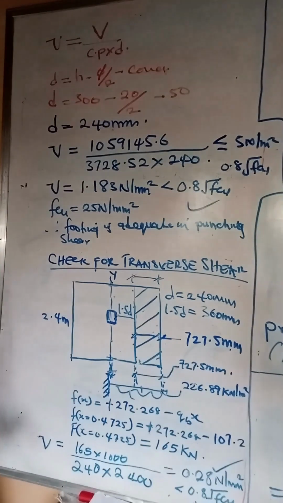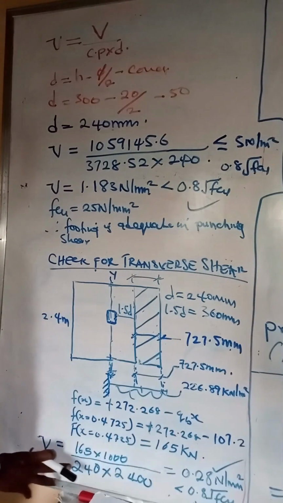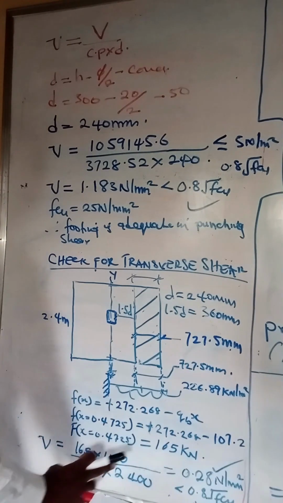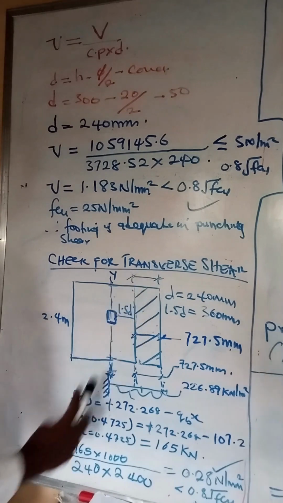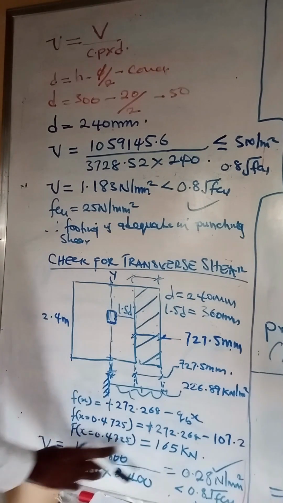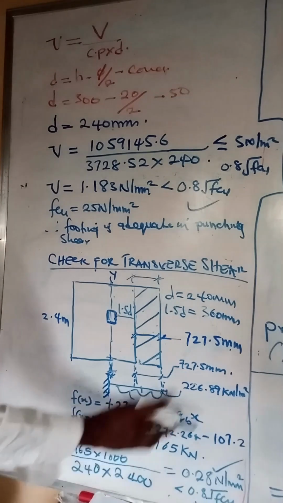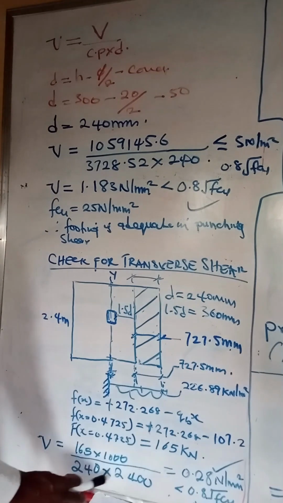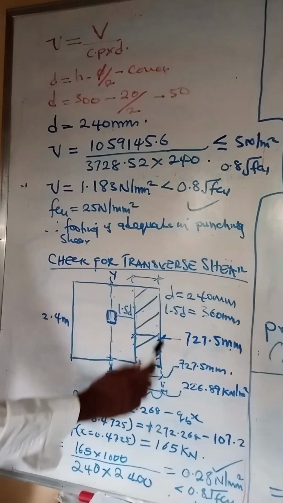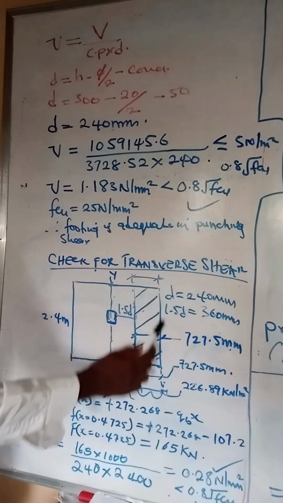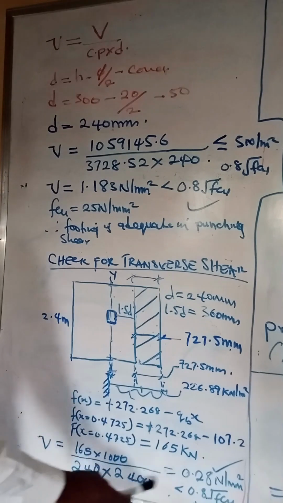So for that shear, we're going to find the shear stress. The equivalent shear stress is 165 times 1000, since we're expressing it in Newton per millimeter square, divided by the effective depth D times the length of this side, which is 2.4.